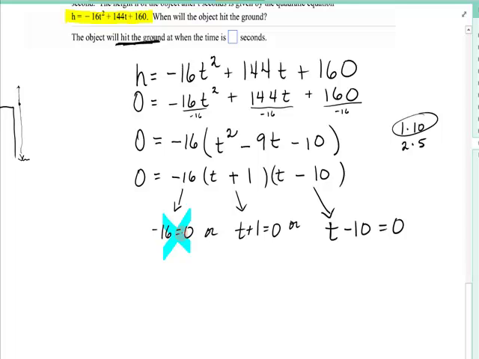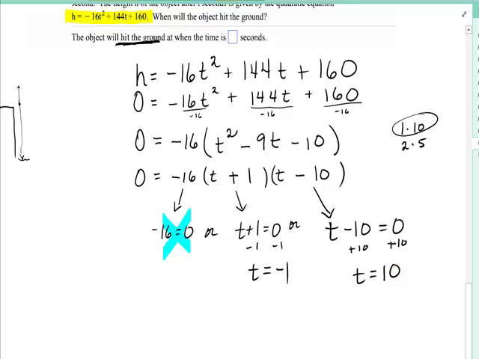It's not an unknown. Negative 16 is not the reason that this product is equal to 0. This times this times this equals 0 means something had to be 0. It's not this one. Negative 16 is negative 16. So let's subtract 1 and get t is either negative 1, or add the 10. t is 10.